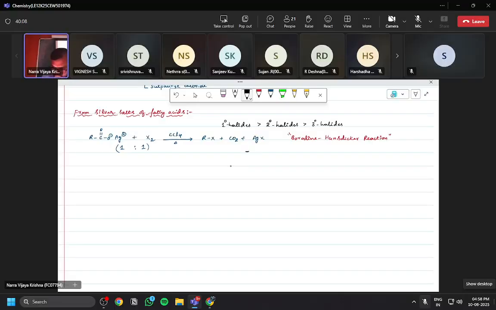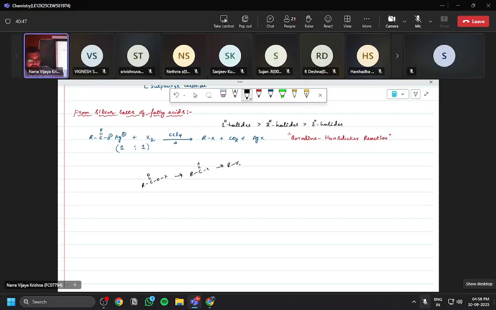Now, how this reaction occurs? Listen first. So first Ag plus and X minus, AgX is gone. So what do you get? So I am writing RCOOX. Correct or not? This later may convert into RX.